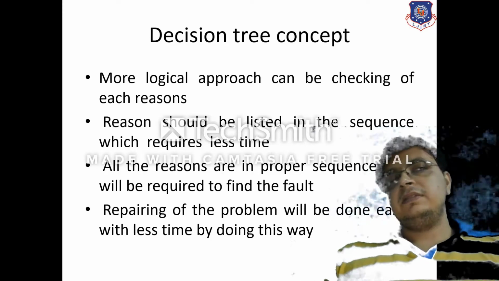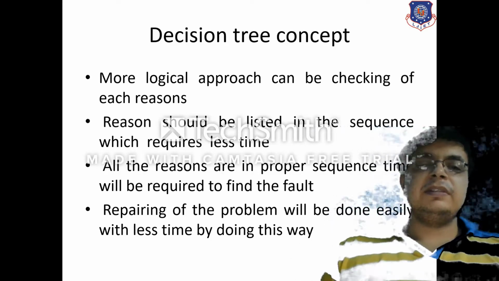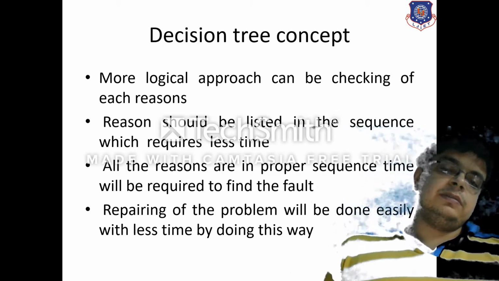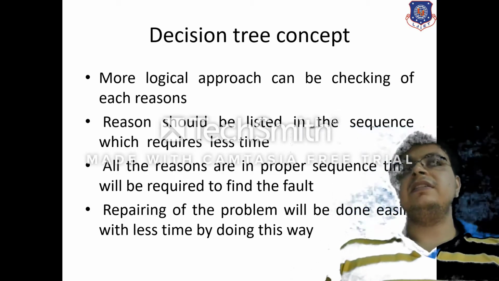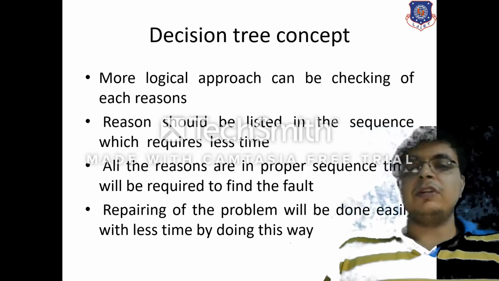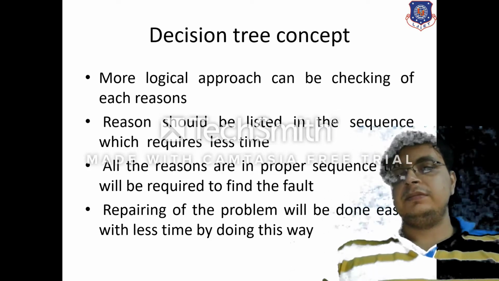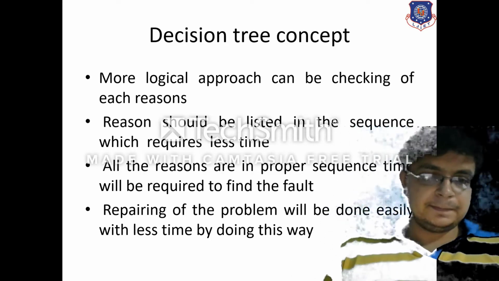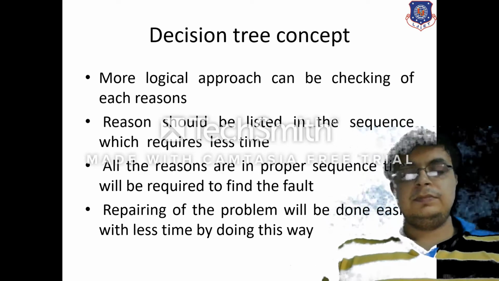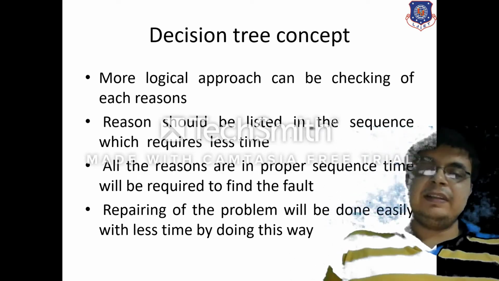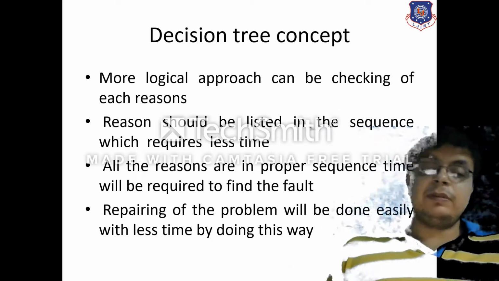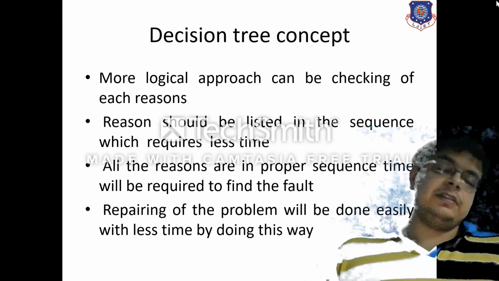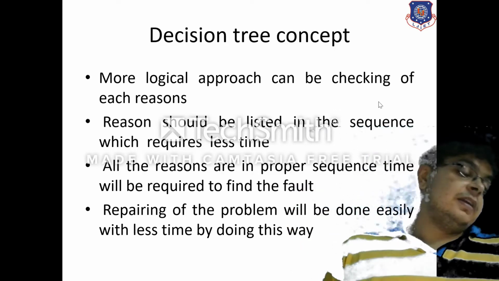Reasons should be listed in sequence, such that the reason that takes the least time to solve the problem is written first, and this is how the proper sequence is maintained. Repairing will be done only when the reason that takes less time is found. These are the things we require in the decision tree.